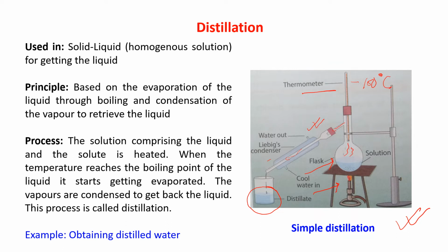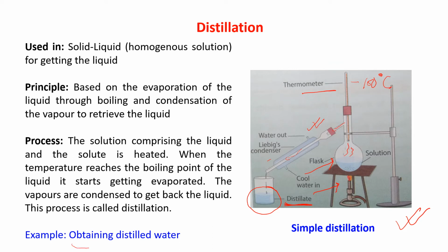That pure water which will be collected in this beaker is known as the distillate, and it will be free from any impurities. That is the distilled water. This is the method of distillation.